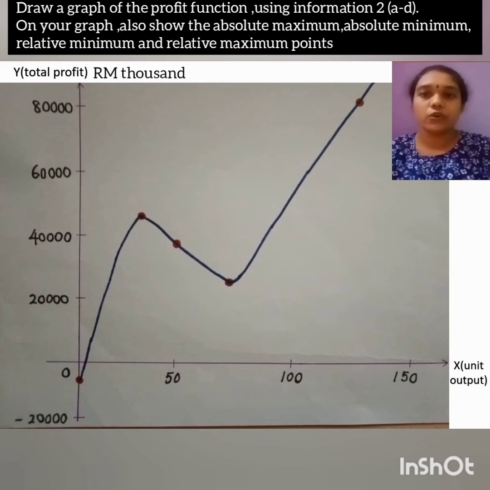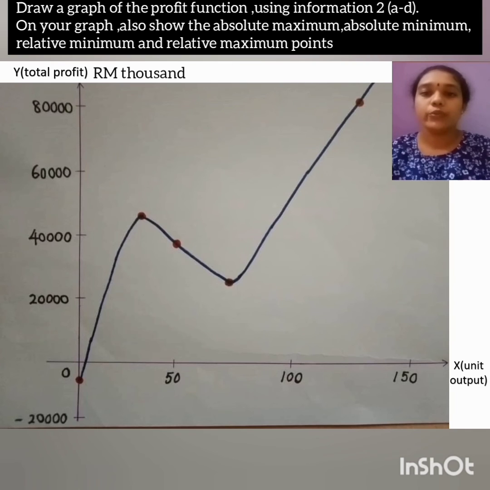Question 2e. Draw a graph of the profit function using information from 2a until 2d. On your graph, also show the absolute maximum, absolute minimum, relative minimum and relative maximum points. First, we need to draw the x-axis and y-axis, where the x-axis represents the quantity of units produced, and the y-axis represents the profit in RM thousand.